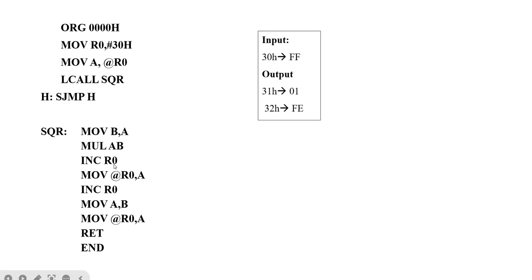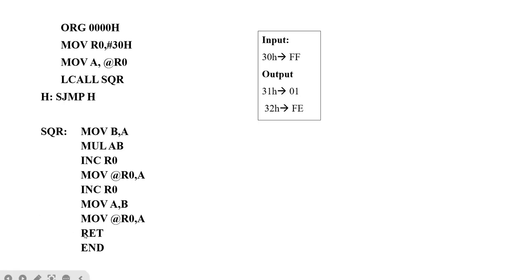Then we will increment R0. Here we are incrementing R0 to point to the next memory location. The next instruction is MOV @R0, A, so it will store the lower byte of the result at the next location. Then we will increment R0 again, to point to the next memory location, that is 32H.